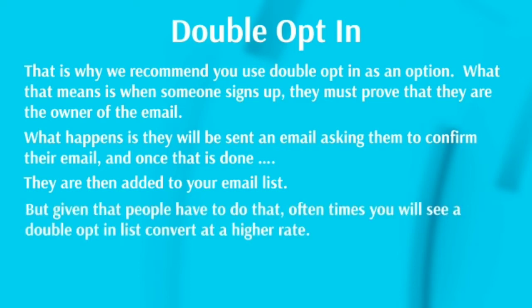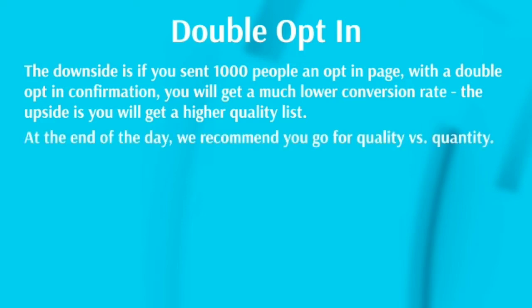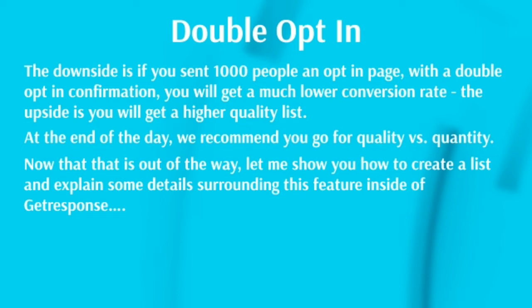So that's why we found in our tests that you will actually get a higher rate of opens and a higher click-through rate. Like I said earlier, the downside is if you send 1,000 people to an opt-in list, that's going to be a much lower conversion rate. But at the end of the day, we recommend that you go for quality versus quantity.